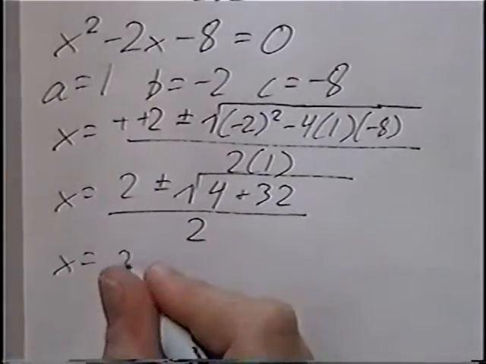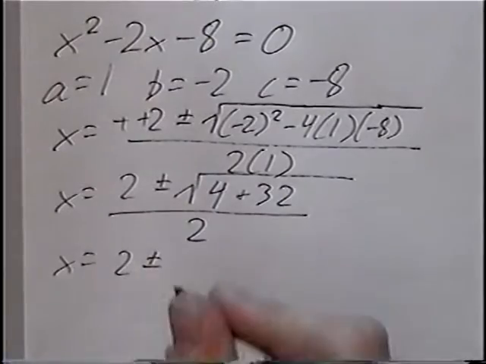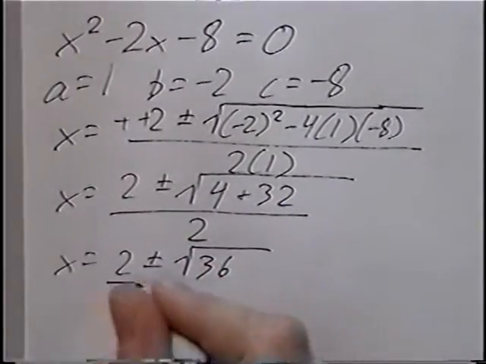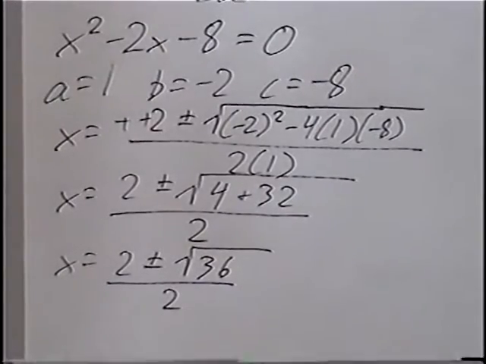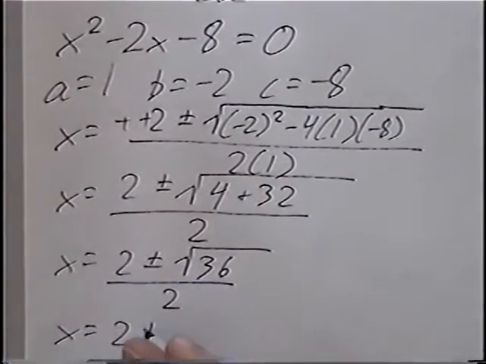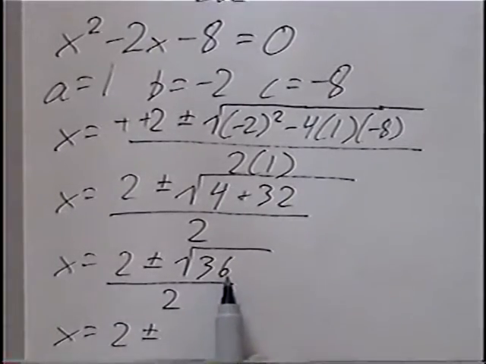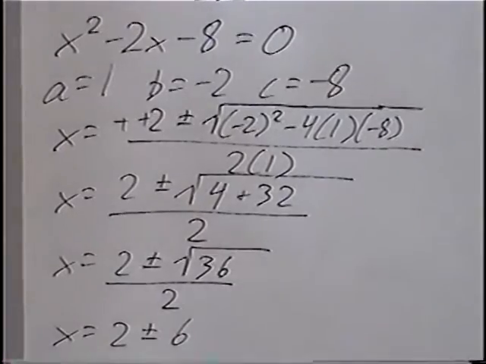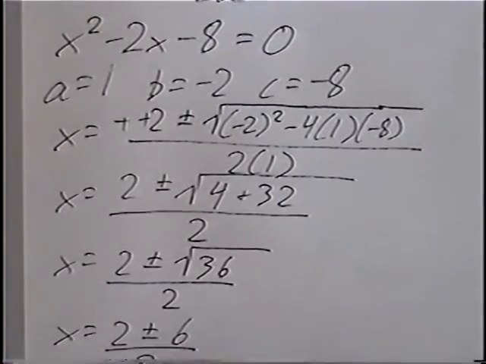Solving again, we'd have 2 plus or minus 4 plus 32 is 36, divided by 2. 2 plus or minus the square root or radical 36 would be 6, since 6 times 6 is 36, divided by 2.